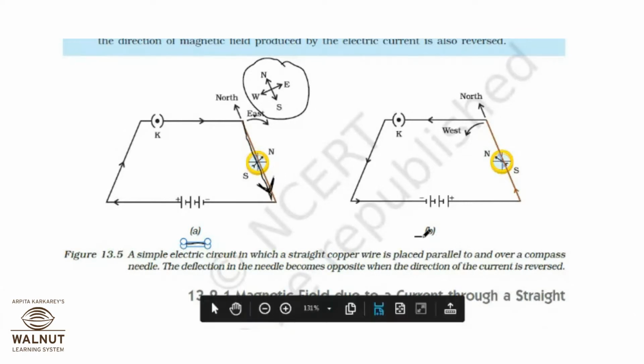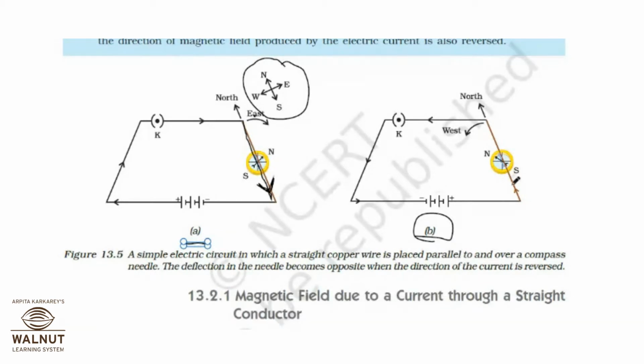Now, if you see figure 13.5b, again the current is flowing from positive to negative. Okay, the flow remains the same, but now the current is flowing in the upward direction, as you can see by this arrow. Now, what you will see, the deflection is in the opposite direction. Earlier it was in east, now it is in the west. So, what does this signify?